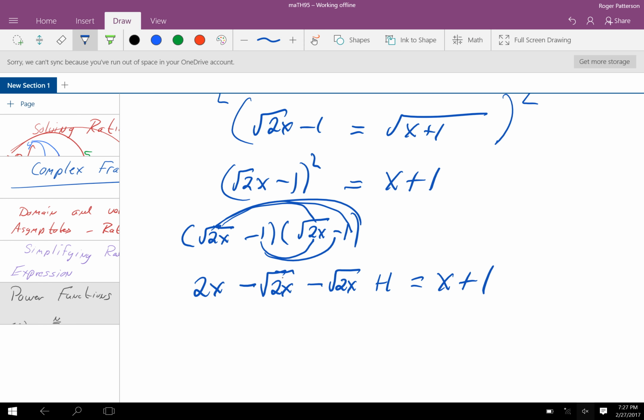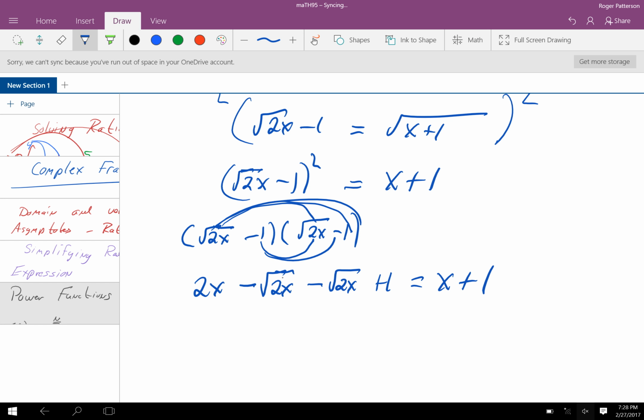So we took square root of 2x minus 1, this whole thing over like that, squared, wrote it twice, foiled it, so the square root of 2x times the square root of 2x is 2x, because the square roots are going to go away. Minus 1 gives me a minus 2 square root of x, and then I get another one of those, and then I get a plus 1. So it doesn't look like it did anything really very good.